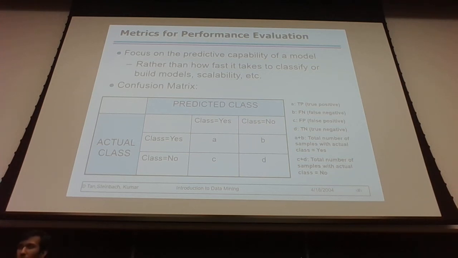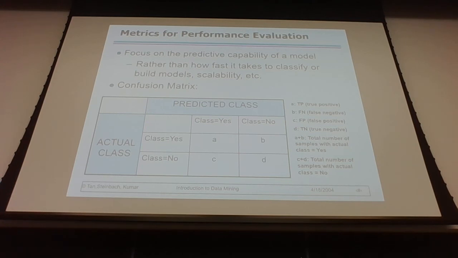So the machine rejects more often. So if it rejects more often, it will reject the negative ones also more often. So false positive will decrease. But not only that, true positive also decreases. So any measure taken to do this always has this problem.